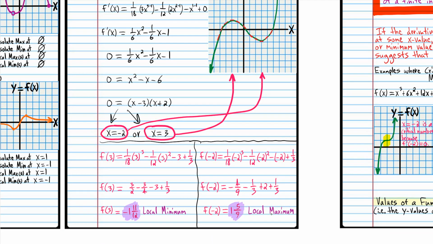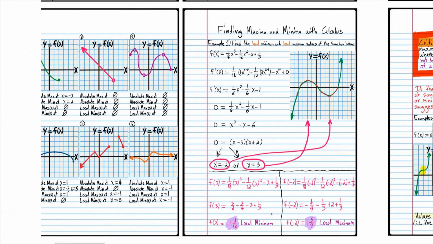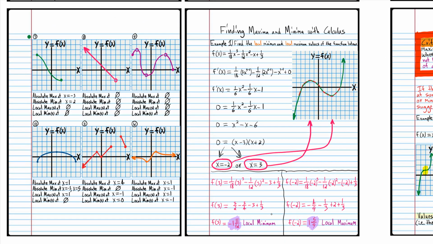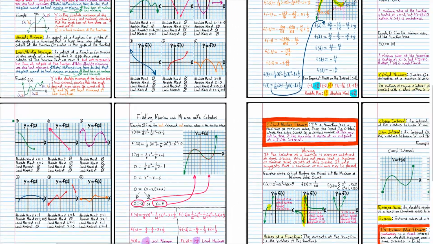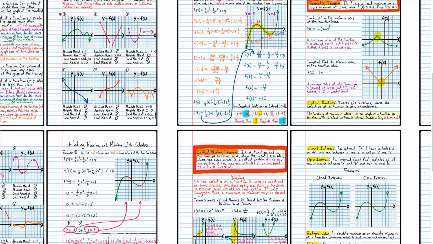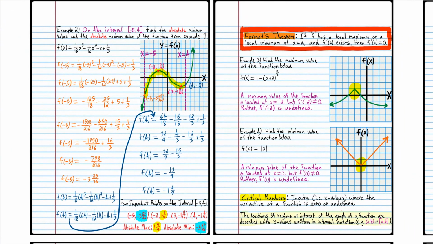All right? So that's the main idea. That's how calculus is used to find maximum and minimum values of a function, whether they be local or absolute maxima or minima. In some cases, the absolute maxima and minima occur at endpoints, so we don't really need calculus in that case, depending on the context.